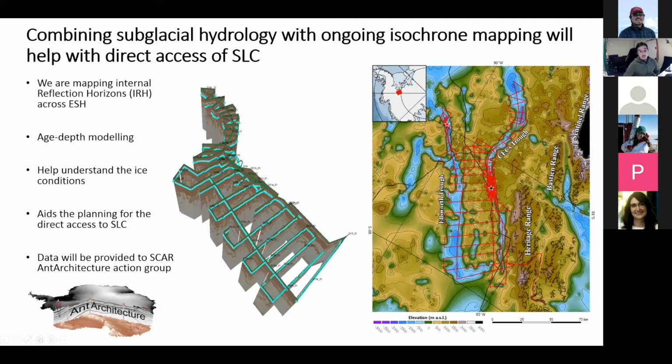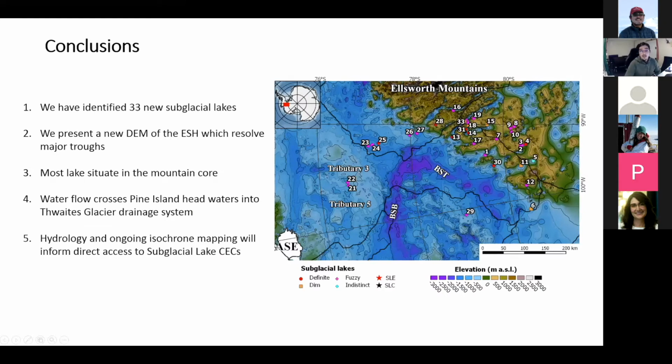And just to summarize, we used radar data to map and classify 33 new subglacial lakes, and many of these lakes sit within the highest relief core of Ellsworth subglacial highland and would, under current conditions, drain toward Thwaites Glacier.